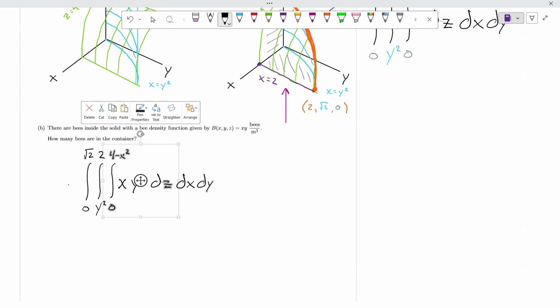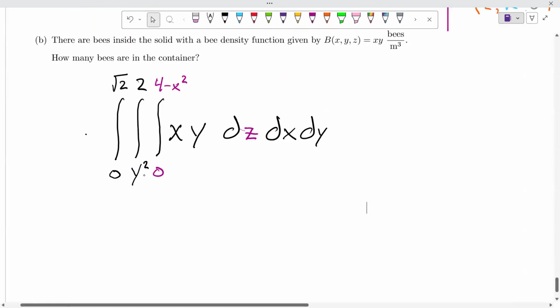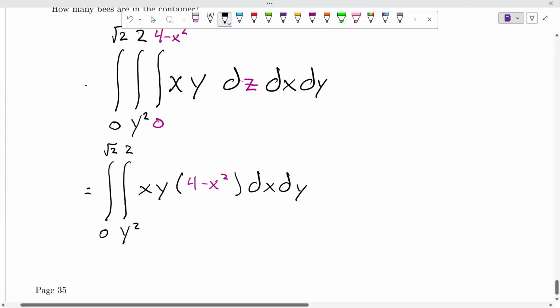We're going to do z first. So trying to integrate this, I have a double integral of xy times 4 minus x squared, dx dy, still from y squared to 2, and from 0 to square root of 2.